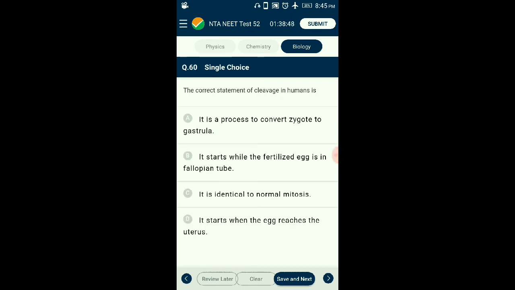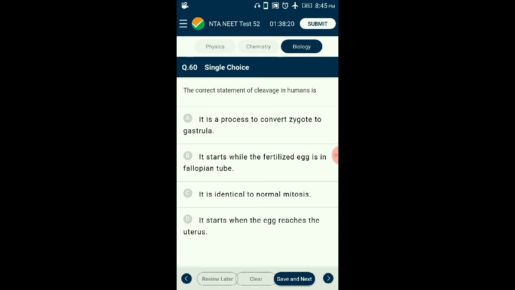Question number 60. The correct statement of cleavage in human is: fusion of the sperm with the ovum is known as fertilization and it occurs at the ampullary isthmic junction of the fallopian tube. The division of the zygote, known as cleavage, begins in the isthmus of the fallopian tube and the zygote moves towards the uterus while the divisions continue, forming 2, 4, 8, 16 daughter cells called blastomeres.